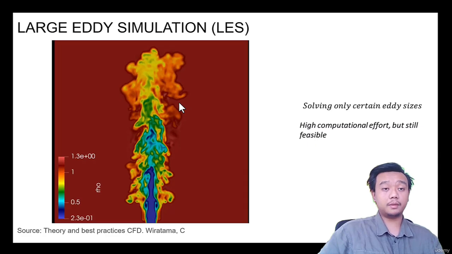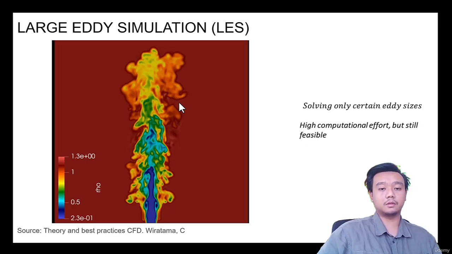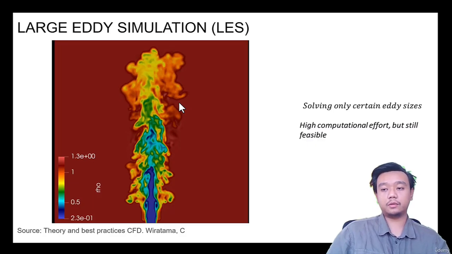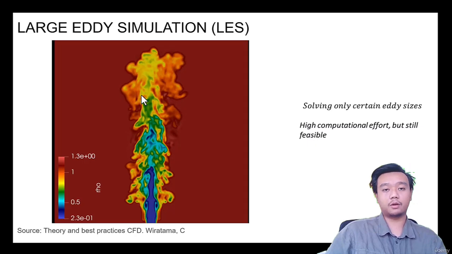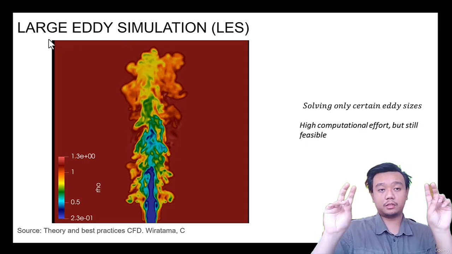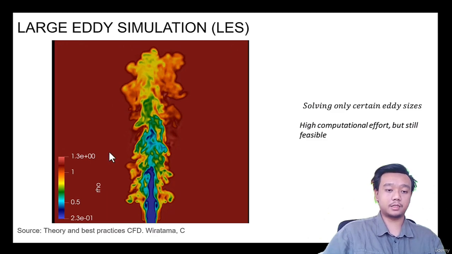So the problem with large eddy simulation is the flow nearby the wall, because if the flow comes near the wall, the eddy size or diameter becomes smaller and cannot be resolved by the filter of the large eddy simulation.